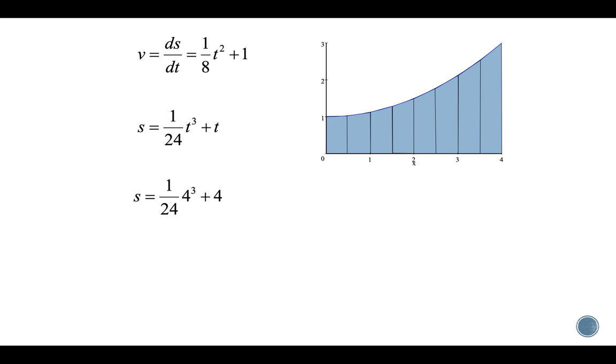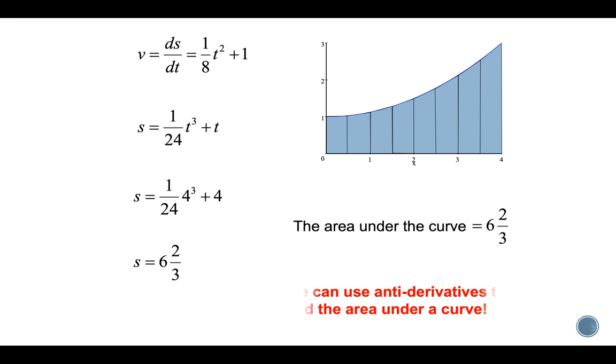In the case of taking it to 4 seconds, it's going to equal 1/24 times 4 cubed, plus 4. And so we get that the distance is equal to 6 2/3, and the area under the curve is 6 2/3. We can use antiderivatives to find the area under the curve, which is really cool.